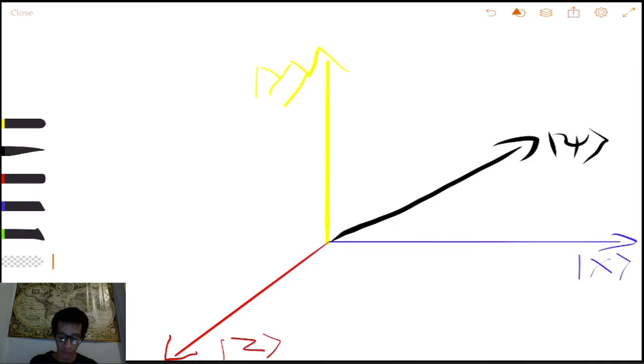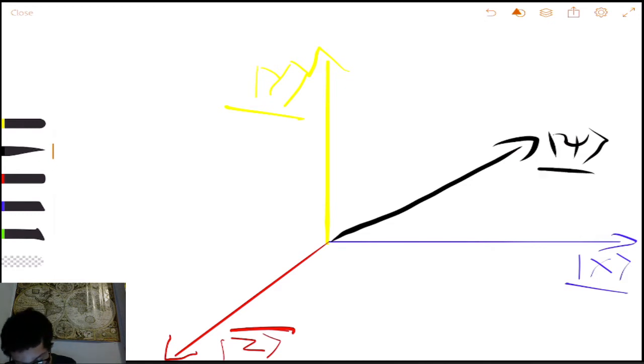Before I tell you what observables are represented by, each one of these basis vectors, the x basis vector, the y basis vector, and the z basis vector here represent three different positions that our particle, which is represented here by our state vector, again the wave function mapped as a vector, could be in.